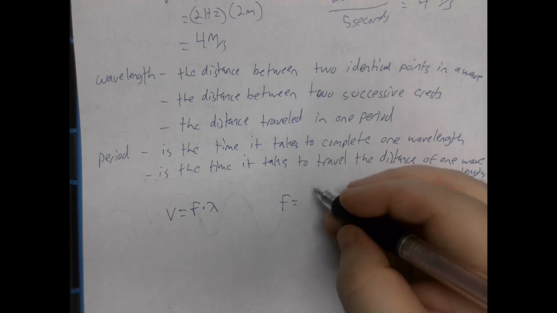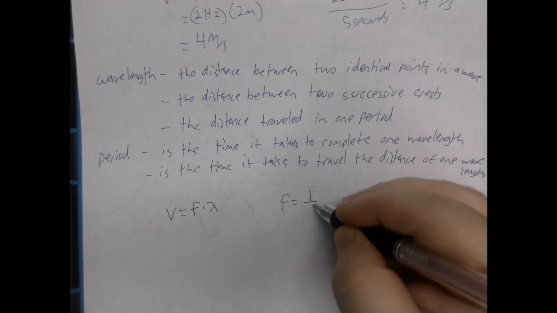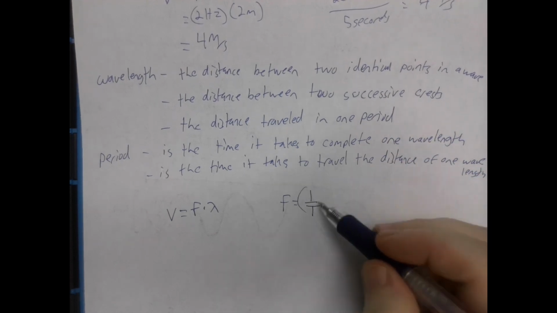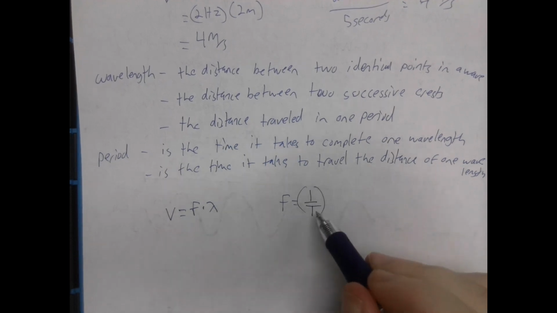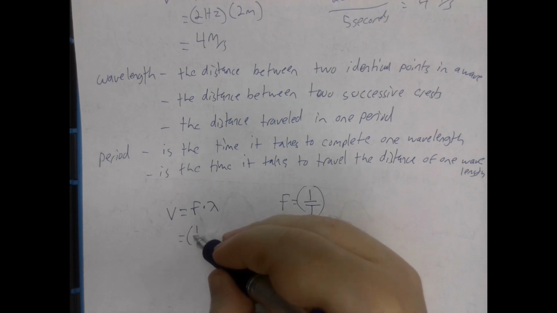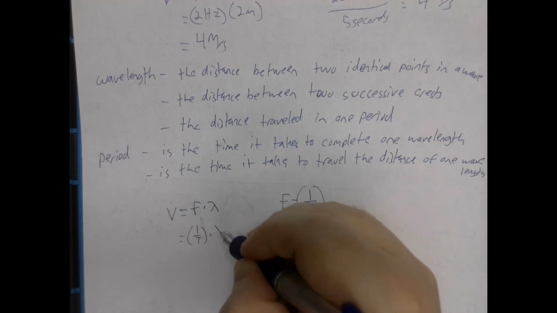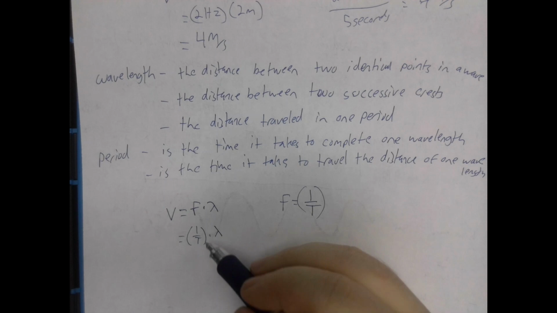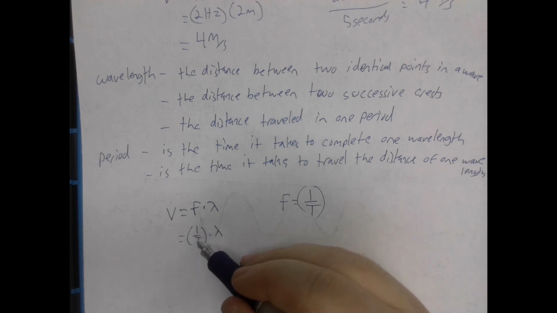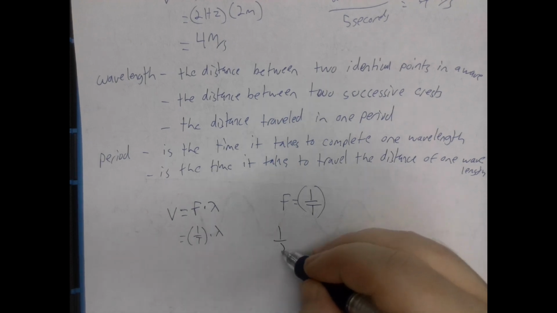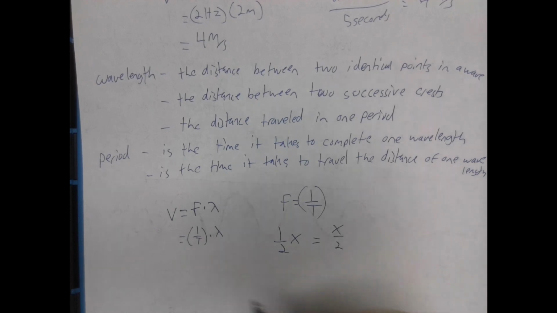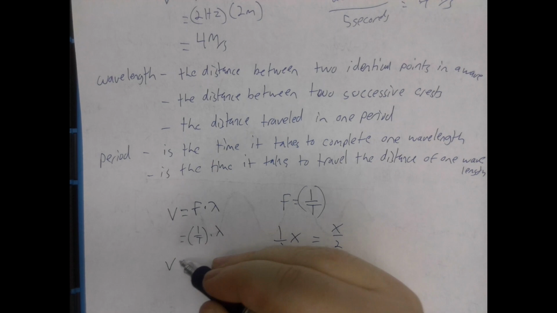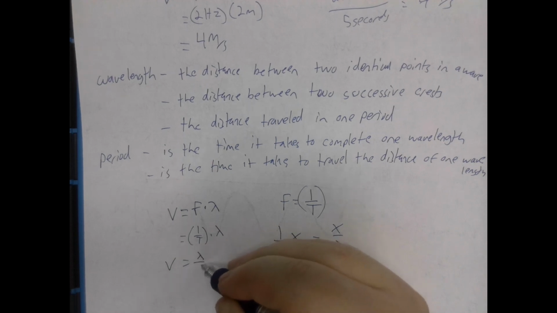Frequency is equal to 1 divided by period. So I can plug this in for F. F is 1 over T. So that would be 1 over T times wavelength. Just like if you had 1/2 times X, that's the same thing as X over 2. So speed is also equal to wavelength over period.